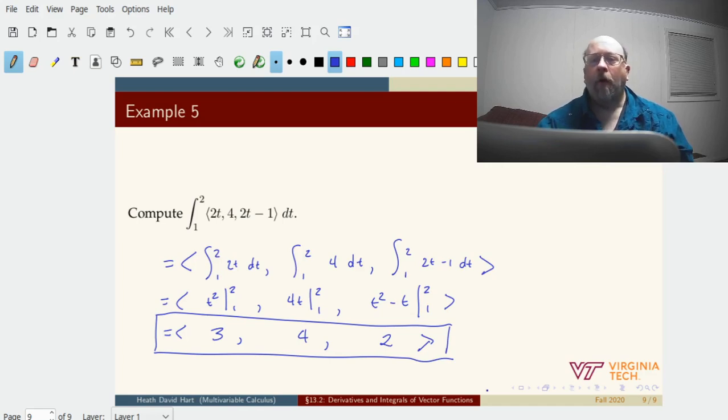So what we've covered today is taking derivatives and antiderivatives of vector functions. If we go back to the model we were thinking about on Friday of thinking about a vector function as representing a trajectory, then the derivative represents the velocity of the trajectory. The second derivative represents the acceleration of the trajectory.